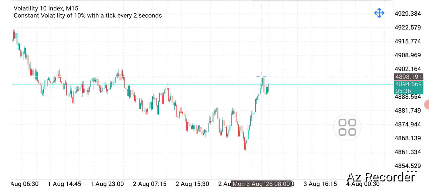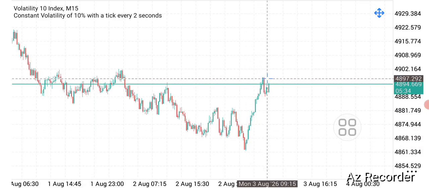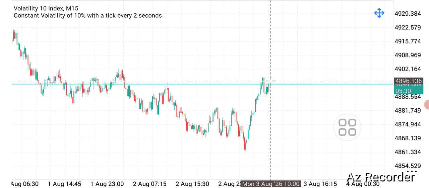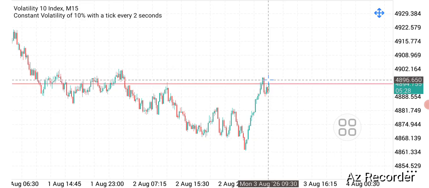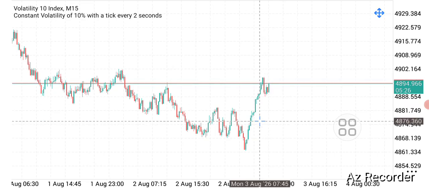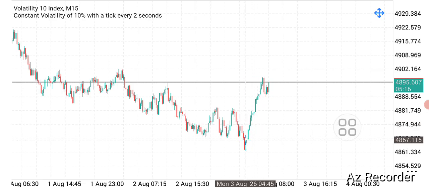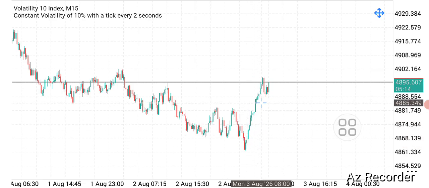From here to here, if you are right on this market, that's a lot of profit, unlike when you're trading currencies, where it may take a while. So that's the advantage of trading volatility indices. They use the same strategy that you use in analyzing the forex market. So this is advantage number two.